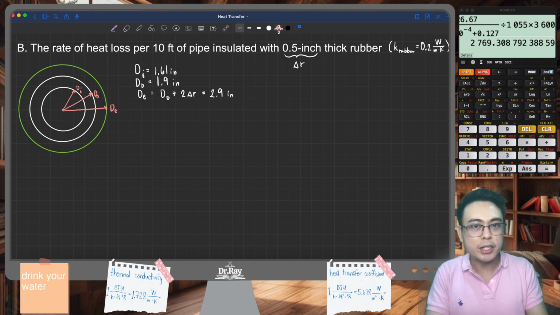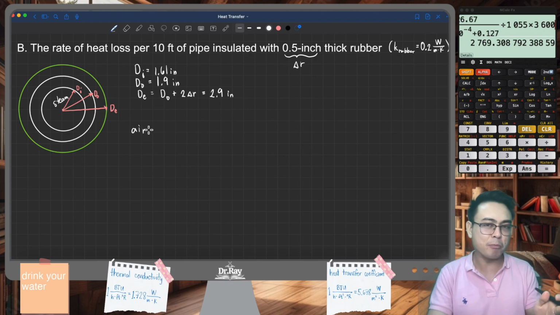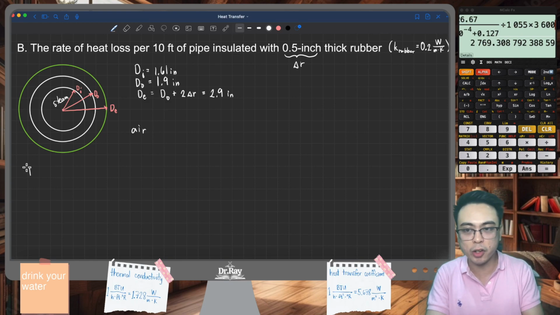Now, it's still the same system. Inside you still have your steam inside of the pipe, and outside of the system is still air. Still the same temperatures from before, so let us carry over those temperatures. Temperature of the steam is 130.42 degrees Celsius, and the temperature of the air outside is 26.67 degrees Celsius.